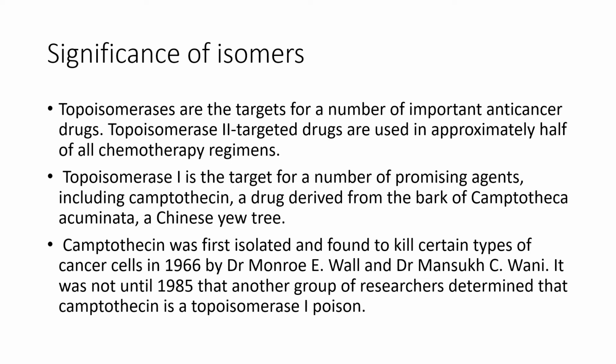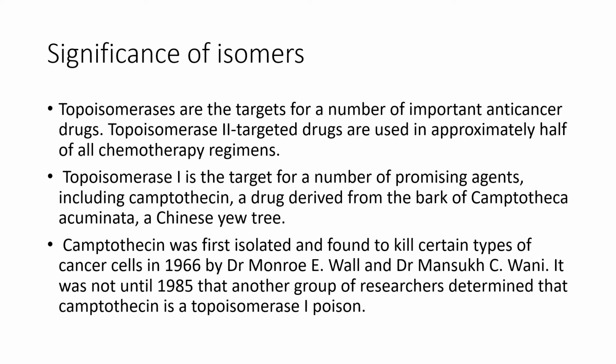Topoisomerase first is the target for a number of promising agents, including camptothecin. It is the name of a drug used for the treatment of cancer, because these topoisomerases target the DNA molecules of the cells which are dividing so rapidly.